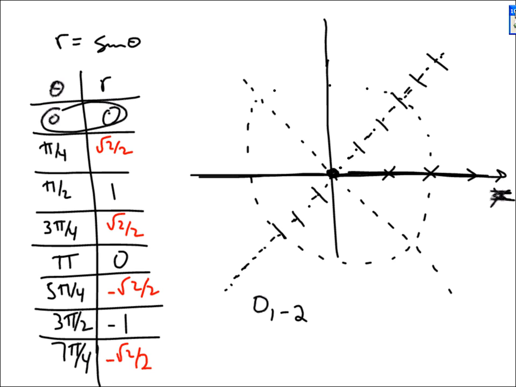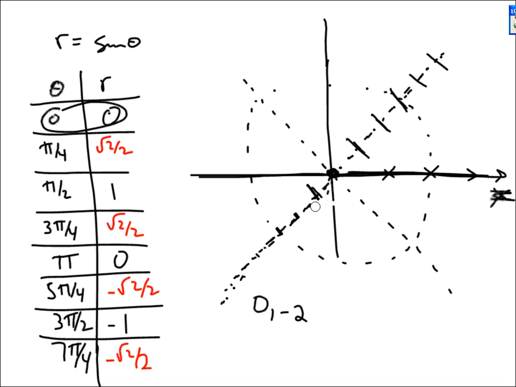But if we were talking about 5 pi over 4, which is this angle down here, then down here would be the positives. Positive 1, 2, 3, 4, negative 1, negative 2, negative 3. Each of these angles comes with its own number line.